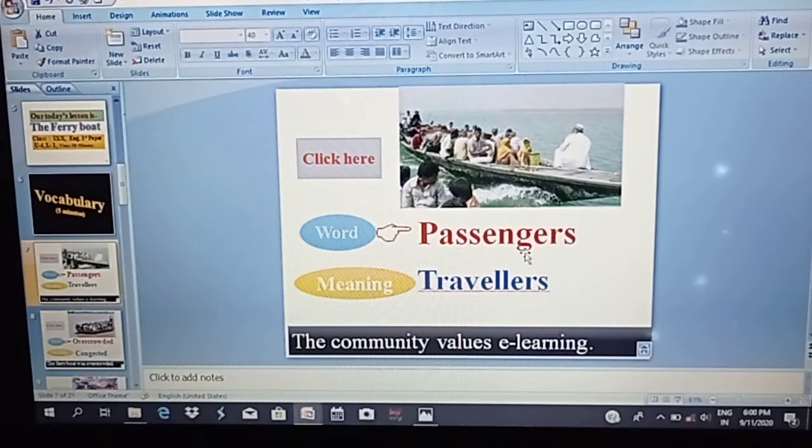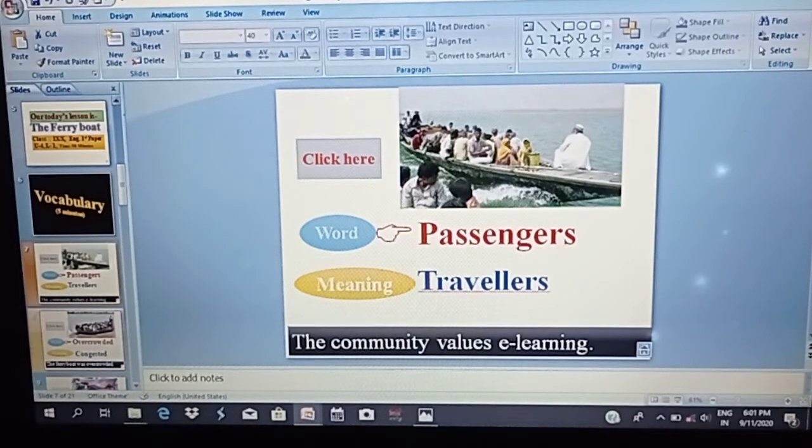The word passengers. You are watching in this picture, the passengers are sitting on the ferry boat. Passengers means travelers. And here we are also watching a picture of passengers.